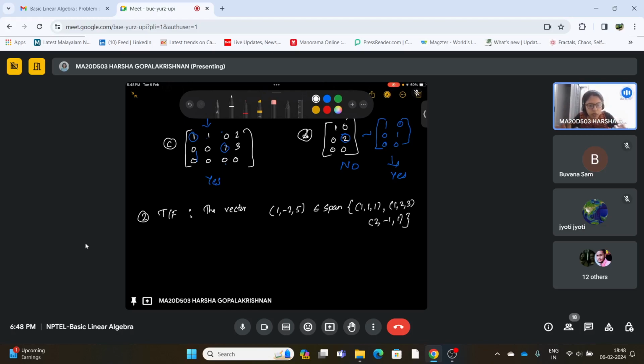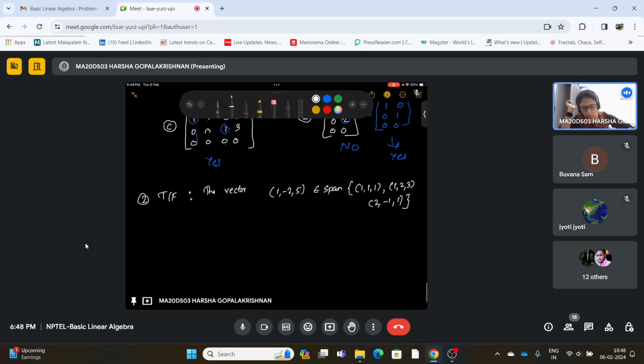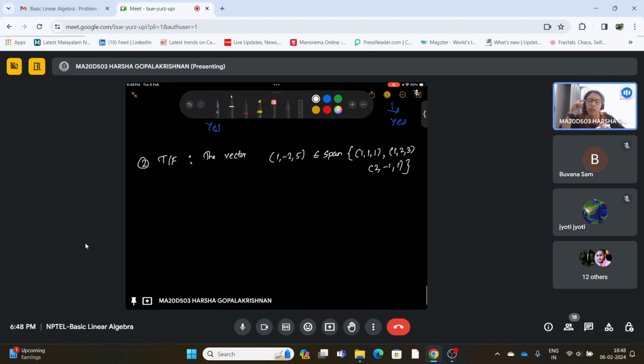Does this belong to the span of these three elements? The three elements are 1 1 1, 1 2 3, 2 minus 1 1. So how can we do this question? Any idea?